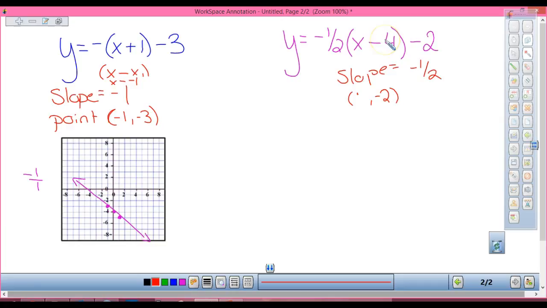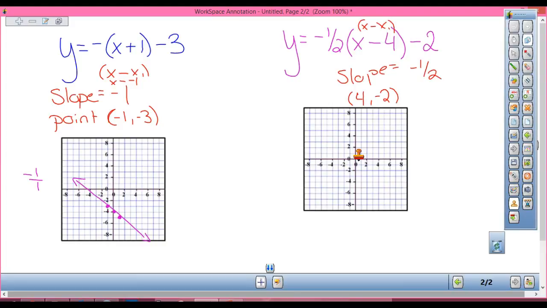Okay, remember, inside the parentheses, we want it to be x minus x1, right? So this minus sign, my x1's going to be positive. Okay, so it's always going to be the opposite sign of what's inside my parentheses. Does that make sense?